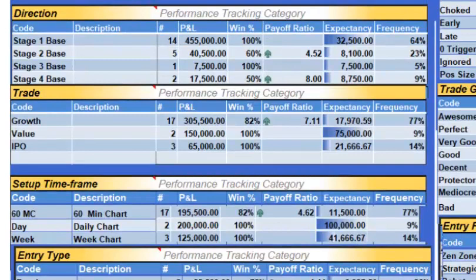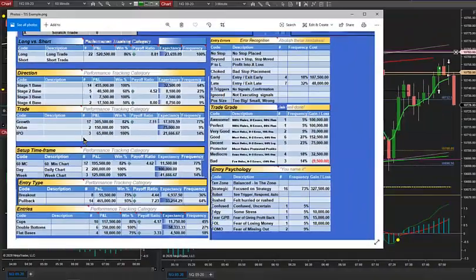Then it's just a matter of scaling up in size as you increase your capital. Also, you can consider where are the most opportunities. Perhaps you did really well at value trades, but there's far less opportunities than maybe in growth stocks. You can see our trades starting to work in our favor.